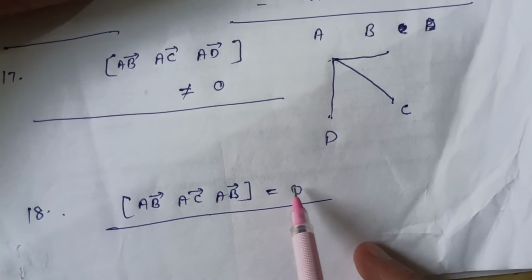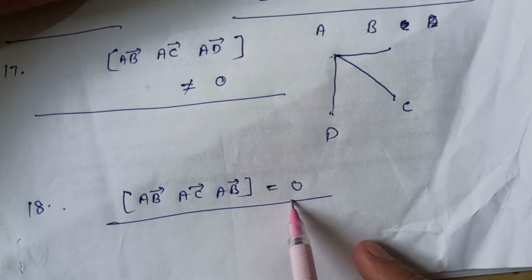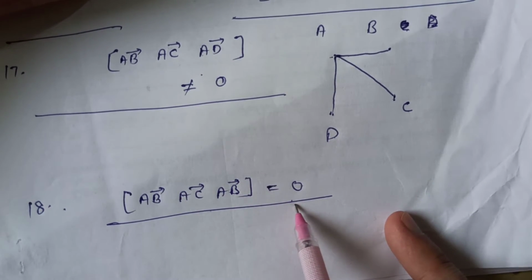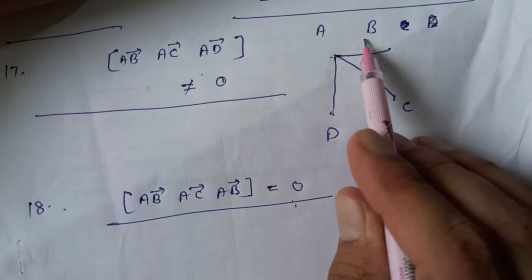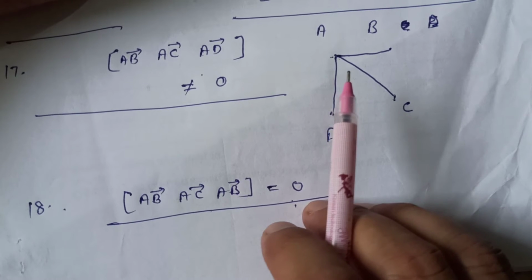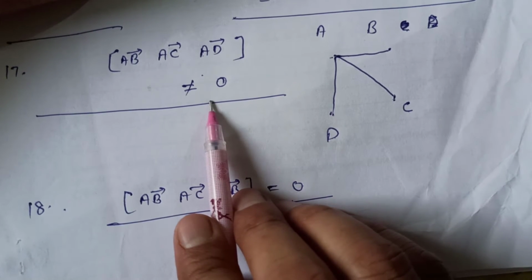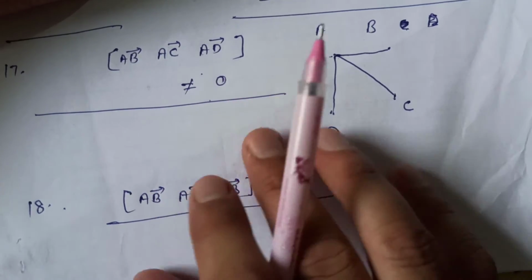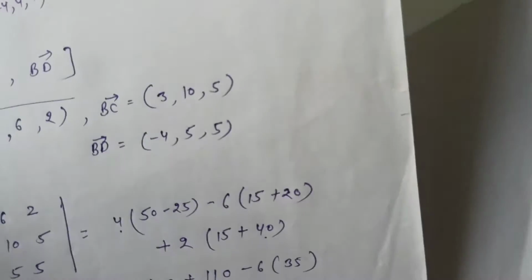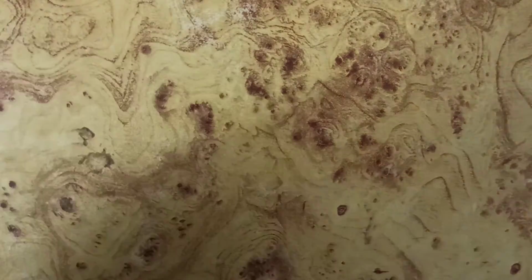Check whether scalar triple product of these 3 vectors is 0 or non-zero. If the scalar triple product is 0, then the vectors are coplanar and consequently the points are also coplanar. And if the scalar triple product is not equal to 0, then these 3 vectors are non-coplanar and consequently the given points are also non-coplanar.